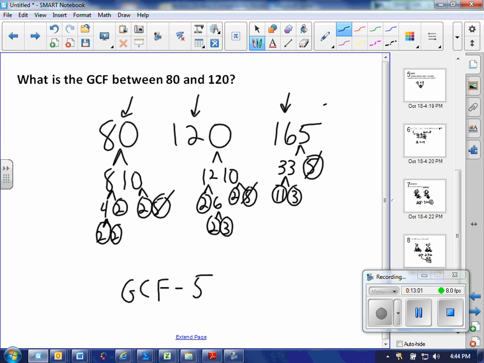So I'm going to write down 5. Do they all share a 3? 80 does not share a 3. This has a 3, that has a 3, but again, since 80 does not, all 3 of them do not share it. So the only prime factor that they all share is a 5. So the greatest common factor of 80, 120, and 165 is 5.